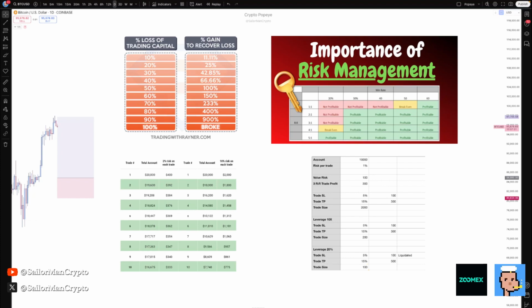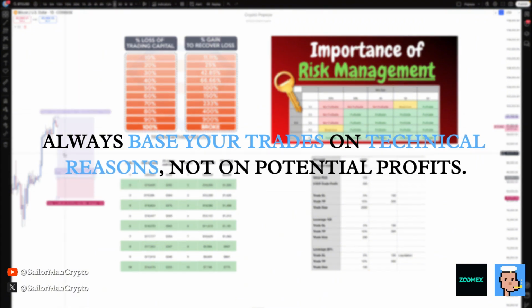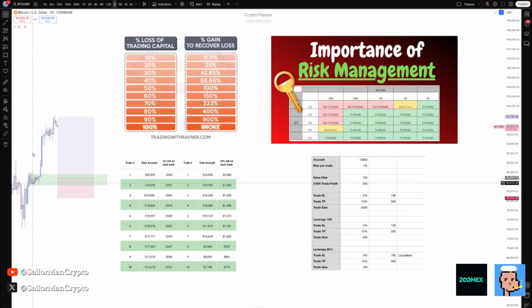Once you determine that this trade makes sense for many technical reasons, you should not start from the money, you should start from the technical reasons. You believe that this is a good entry because there is an order block, here is a good invalidation for many reasons, and here is a good take profit for many other reasons.